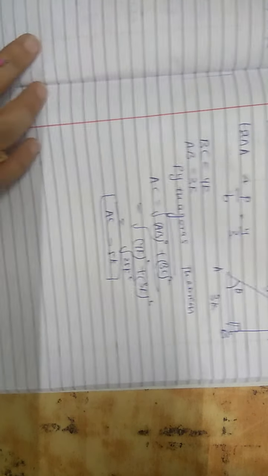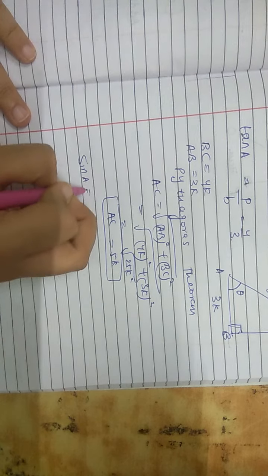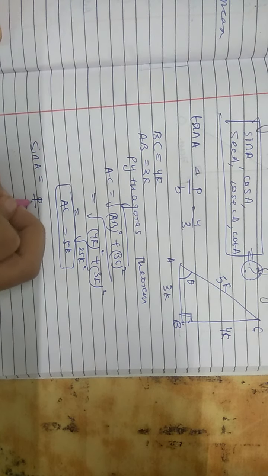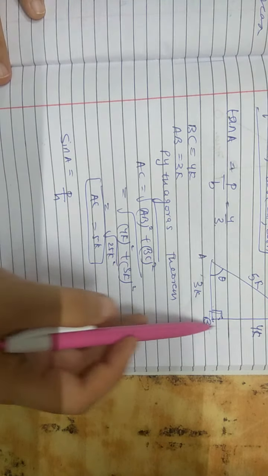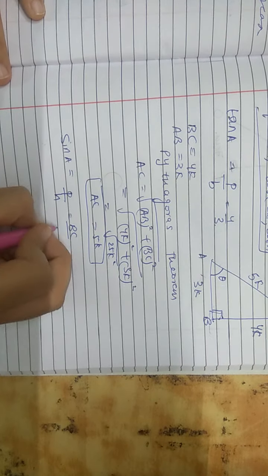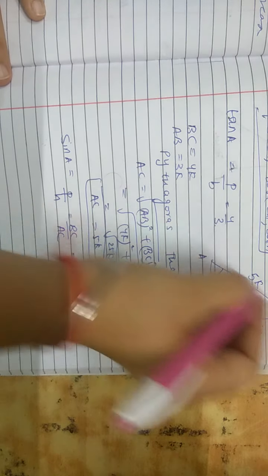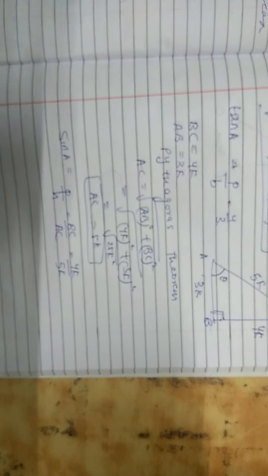Now, can we determine the values of these trigonometric ratios? Yes. Sin A was, according to the general formula, remember, perpendicular by hypotenuse, that was P by H. So with respect to angle A, our perpendicular is BC and hypotenuse is AC. So value of BC is 4K and value of AC is 5K.